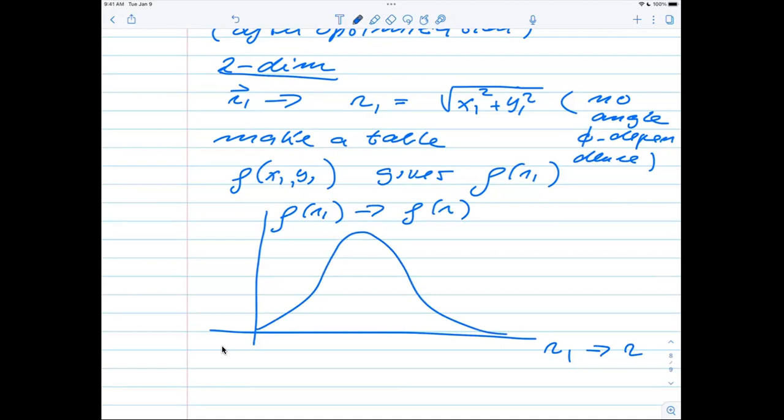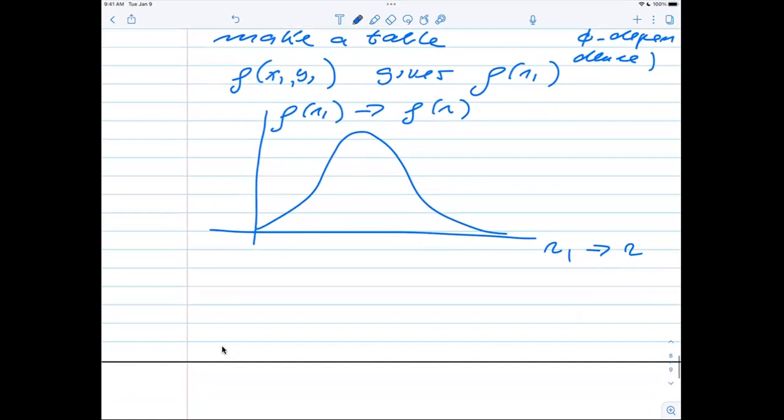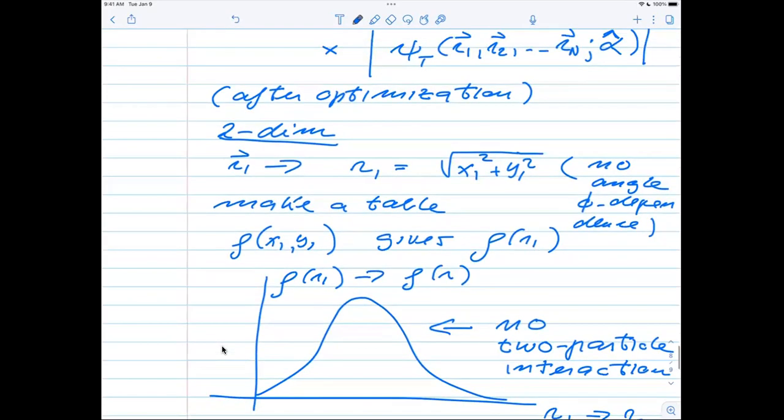Now, the thing which is interesting for us is the role of the interaction. So let's suppose now that we look at the results with an interaction. Let's suppose that this is a calculation we have run with no 2-particle interaction. So what you need to do now is set up a grid of values.